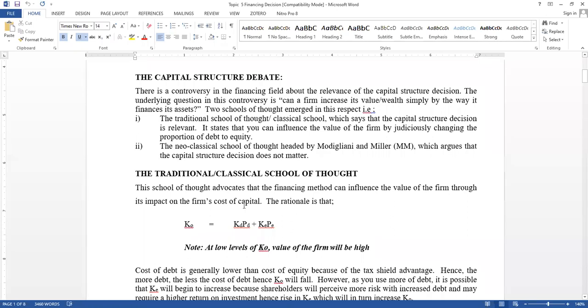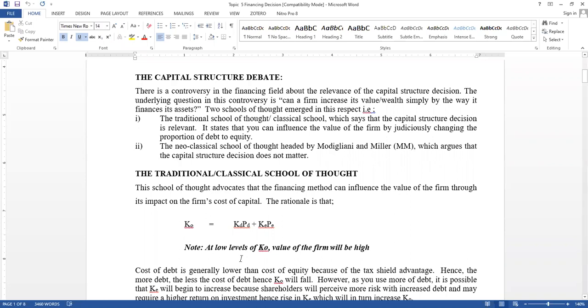So look at the traditional. What are they saying? The financing method can influence the value of the firm through its impact on the firm's cost of capital.